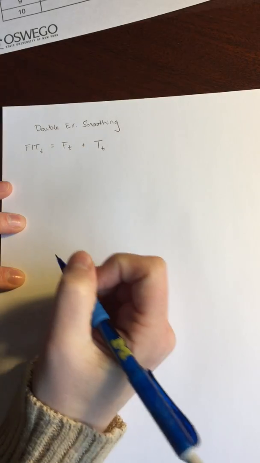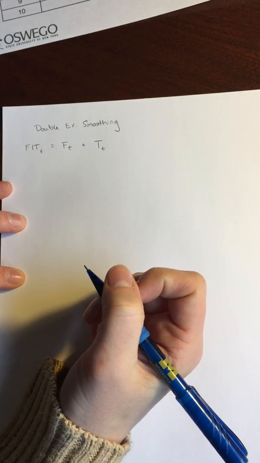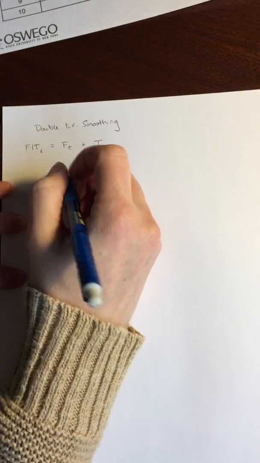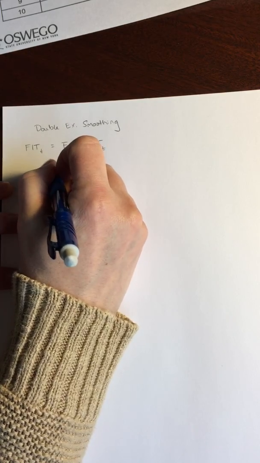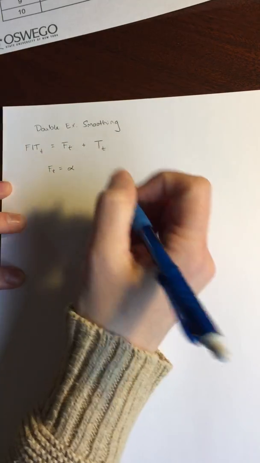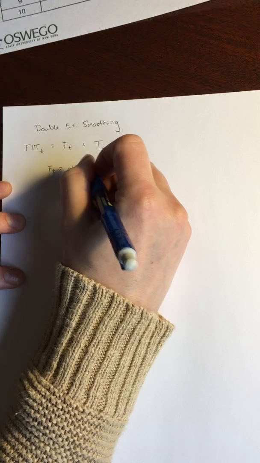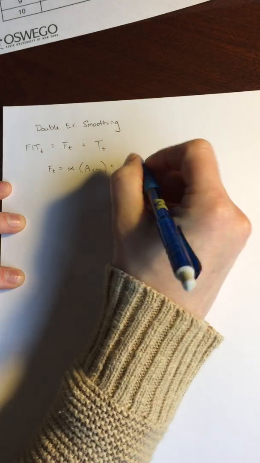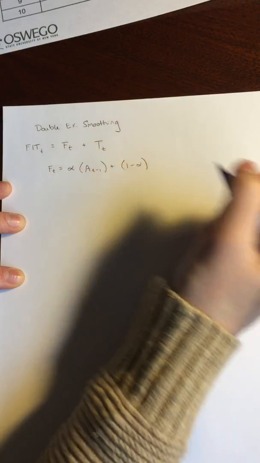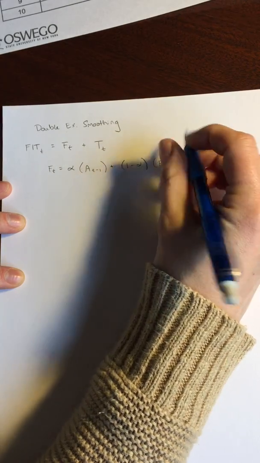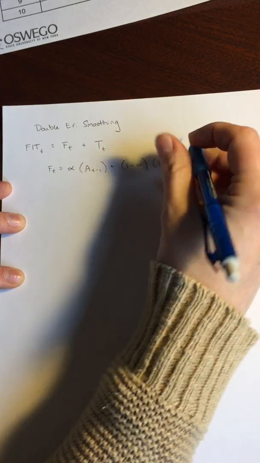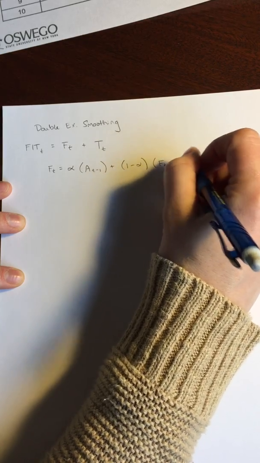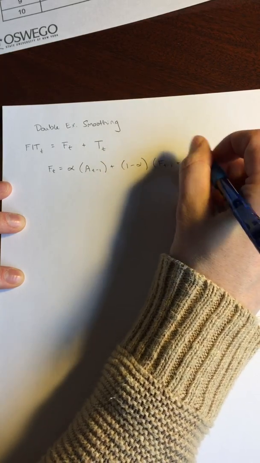Now, our equation here for our exponentially smooth forecast is a little bit different in the double exponential smoothing model. It's going to be our alpha value, all multiplied by the actual demand in the last time period, plus 1 minus alpha, all multiplied by the forecast from the last period, plus the trend from the last period.